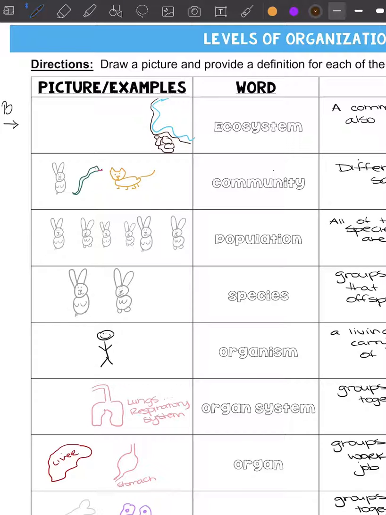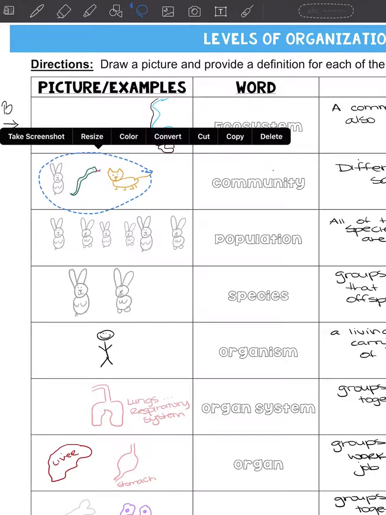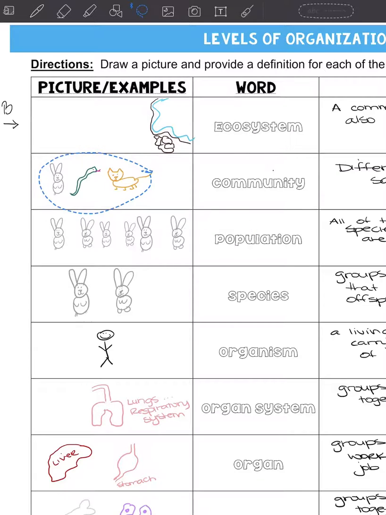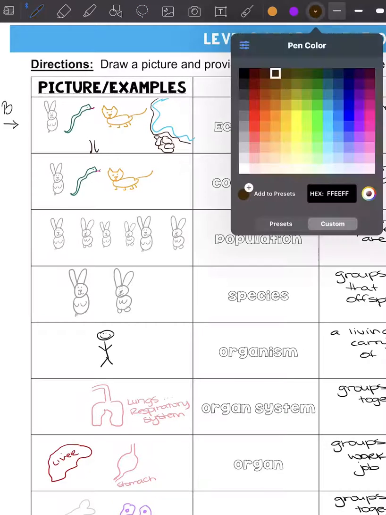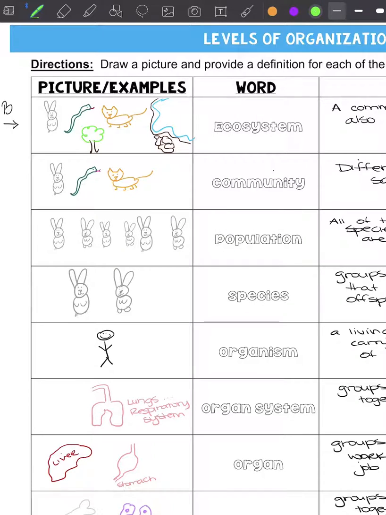And then I'm going to also include my organisms that I drew in that community. I'll have that in the same area, but I'll also have some trees. Those are living, but I have them. So let's add in another thing.